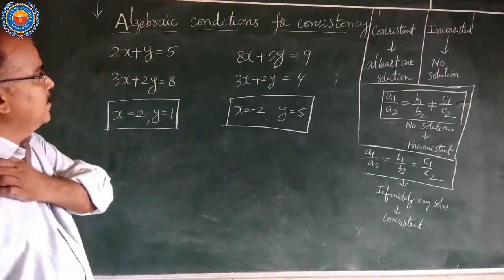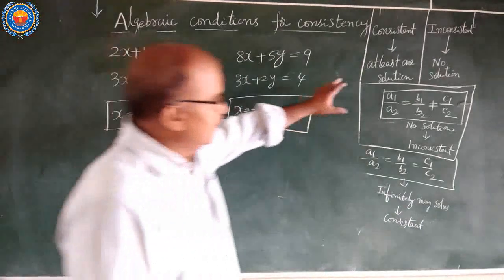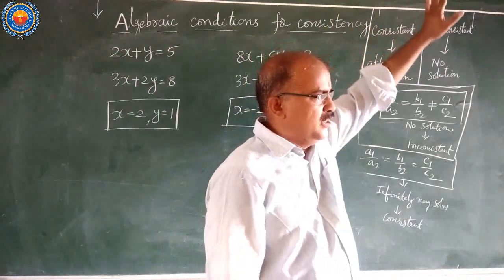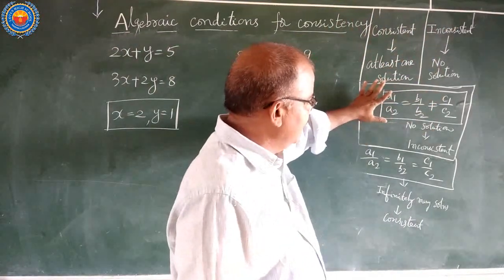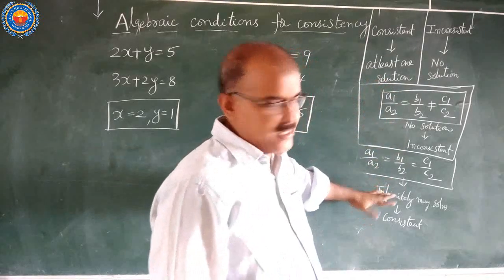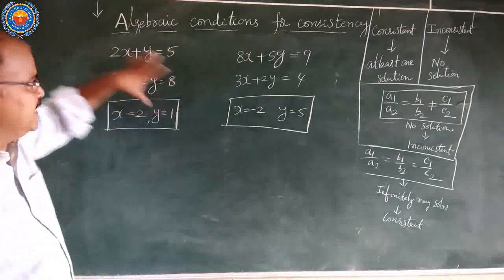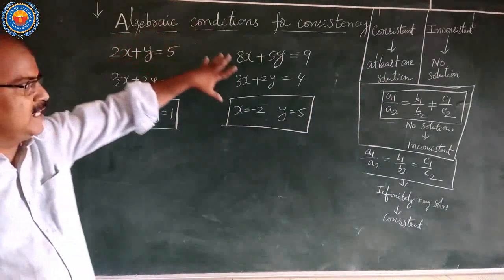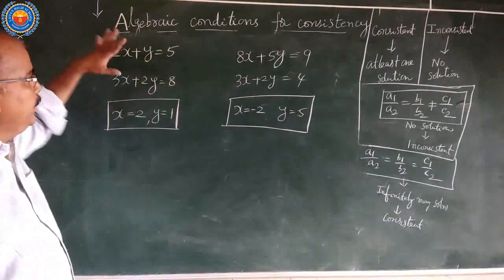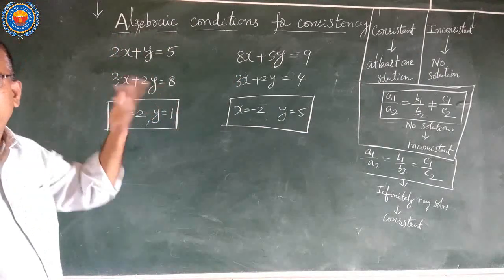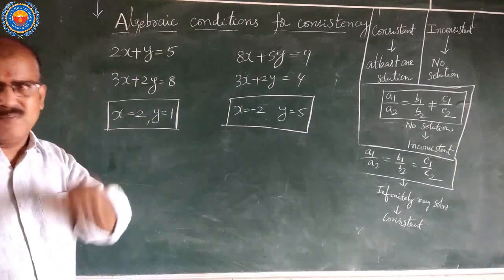So here the third model, just now I completed, no solution and infinitely many solutions. Here two examples are there. This is one pair of linear equations, this is another pair of linear equations. I am not explaining again the elimination method, substitution method or cross multiplication method.